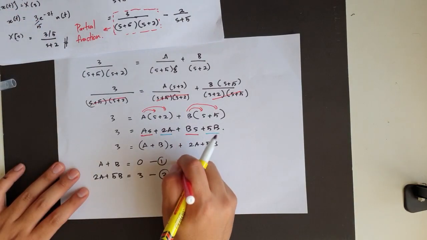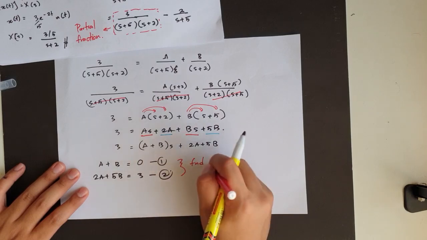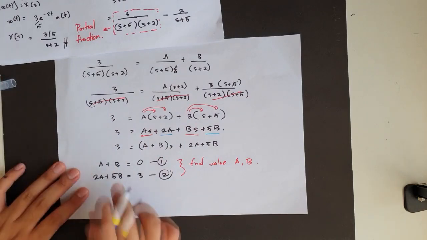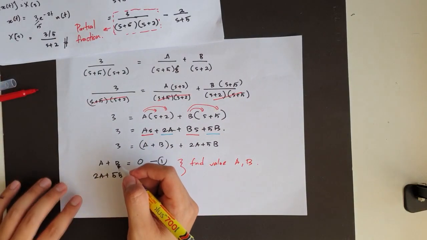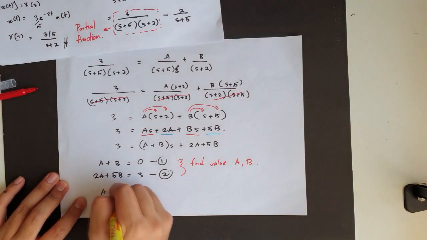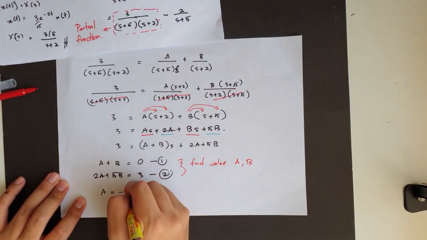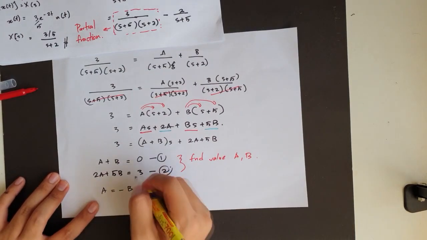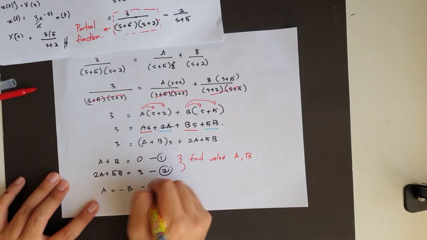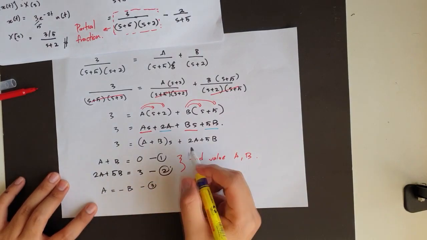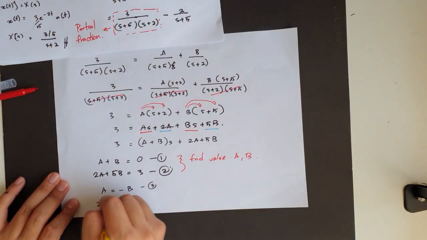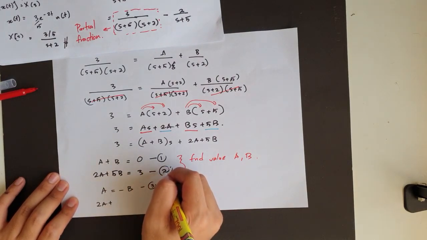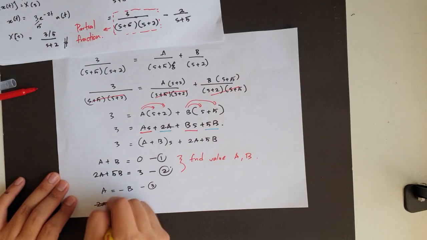So here we want to find the values of A and B. According to this one, A is equal to negative B, so we can write it as number 3. For the next one, we can use equation number 2.